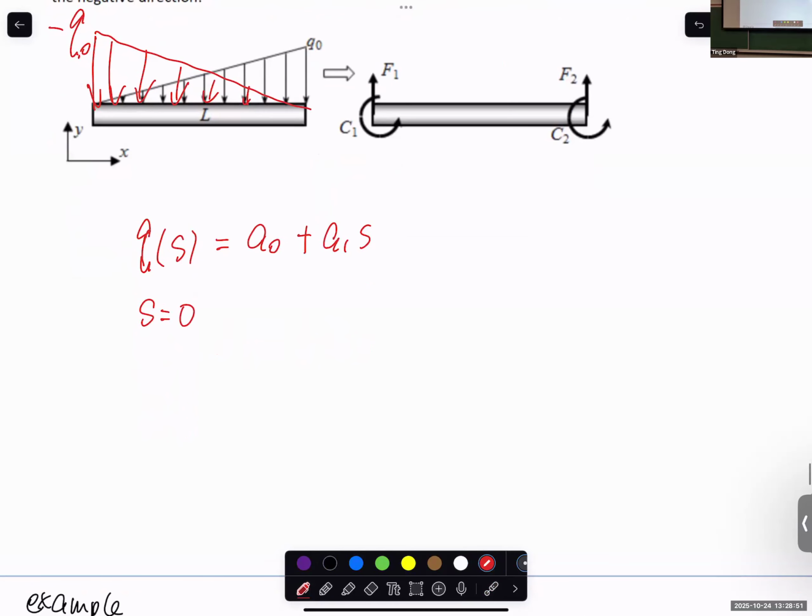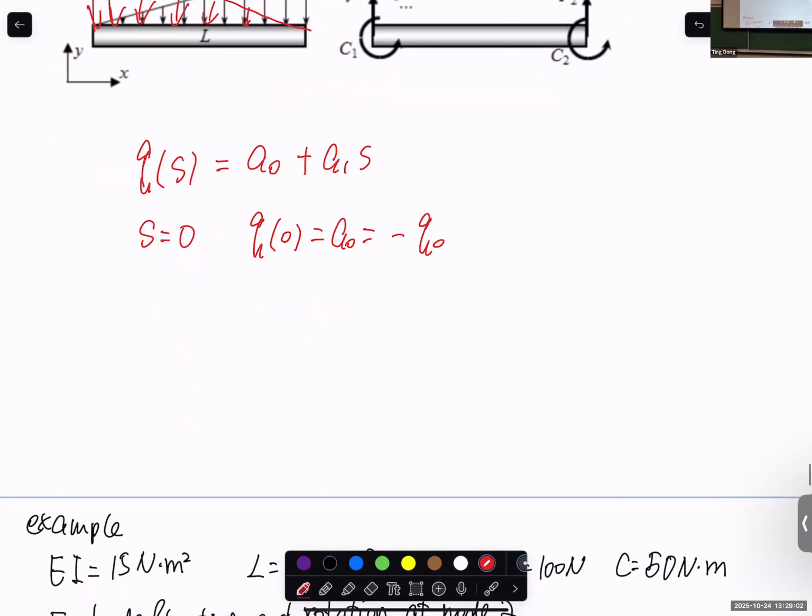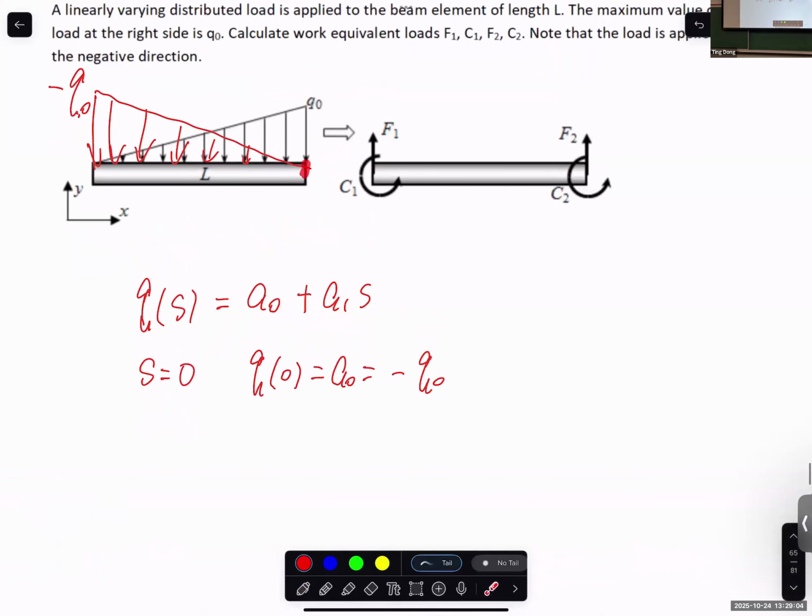So when S equal to 0, Q(0) should be equal to A naught, which equals negative Q naught. And at this end, S equal to 1, Q(1) equals 0.